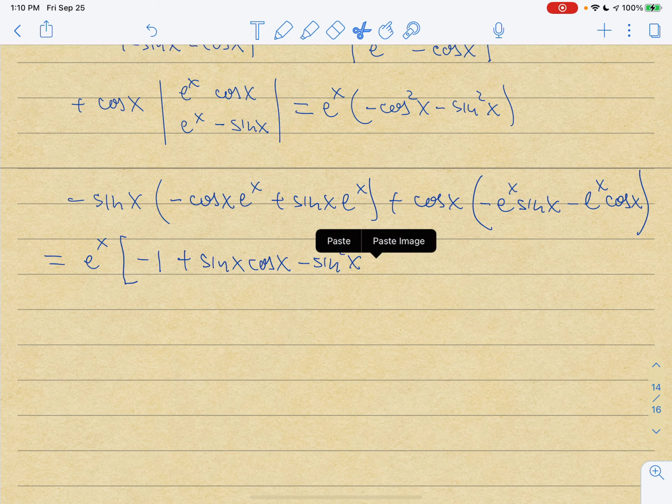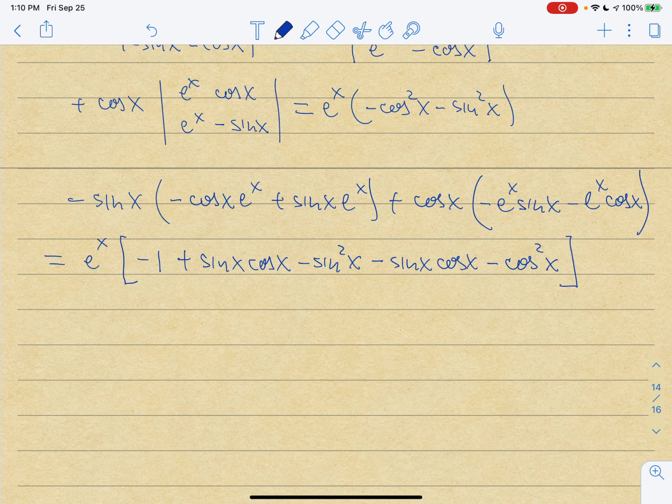So minus e to the x I've taken out, so minus sine x cosine of x, and then minus cosine square of x. And now I see that sine x, cosine x I can cancel out. And minus sine square minus cosine square is minus 1. There's already 1 minus 1 in the brackets. So what we get is minus 2 e to the x.